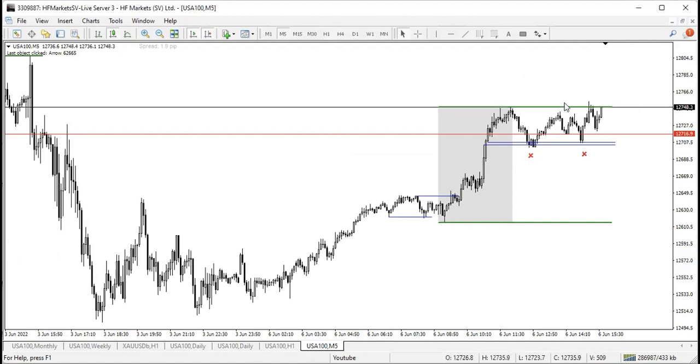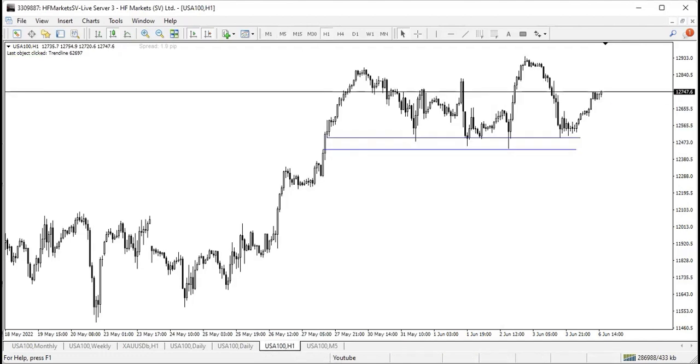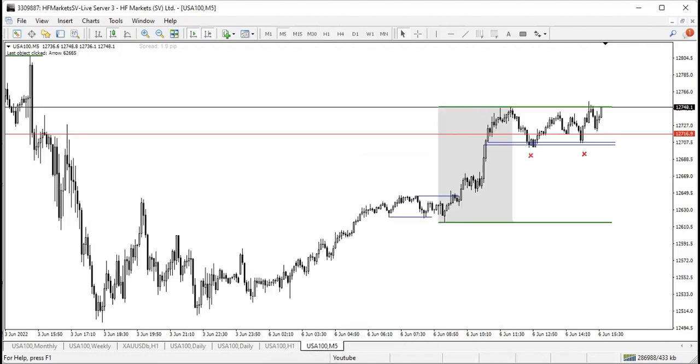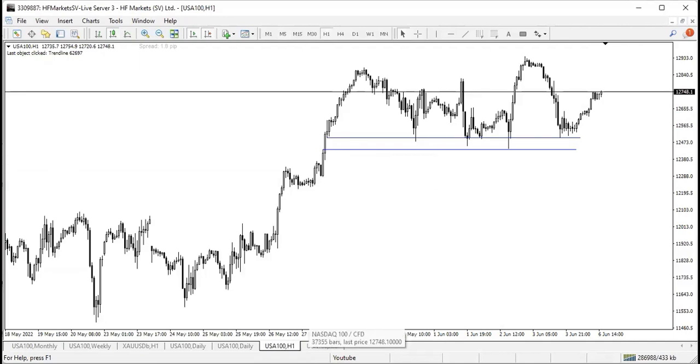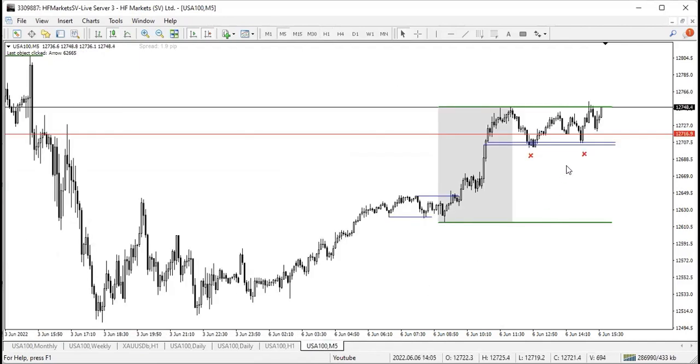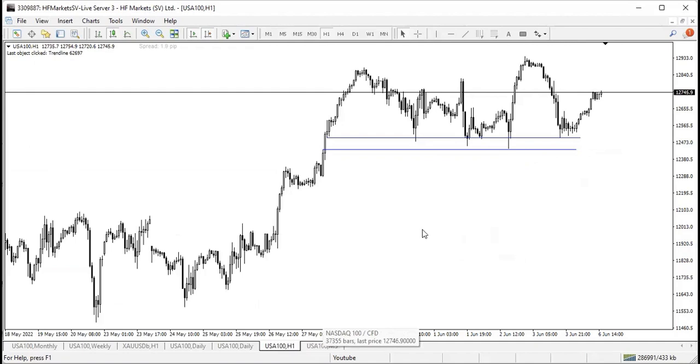The difference with this fractal and this fractal is we close below this fair value gap right here. This we didn't tag the high here.